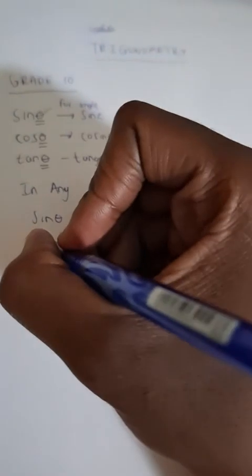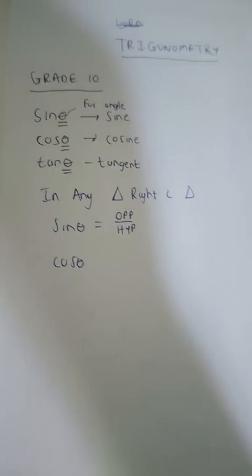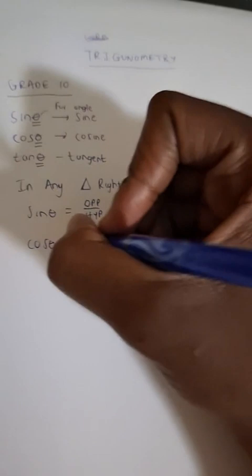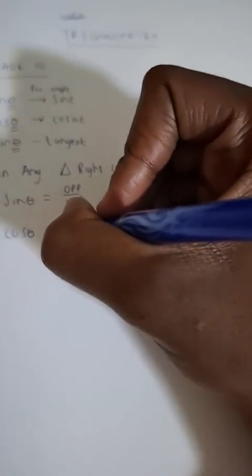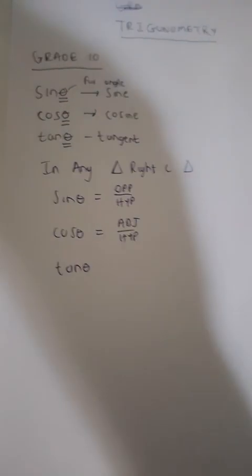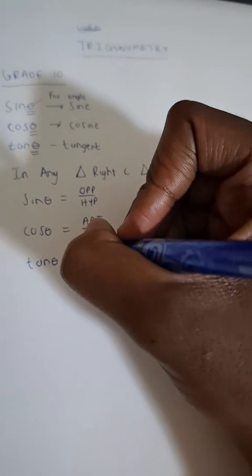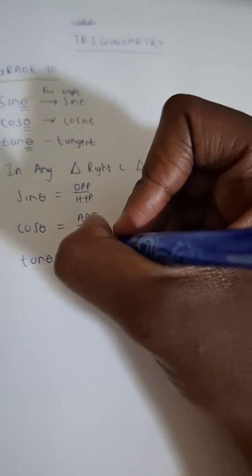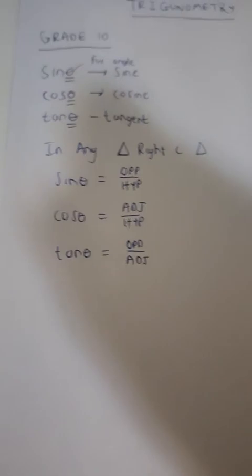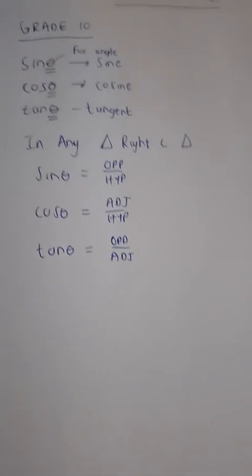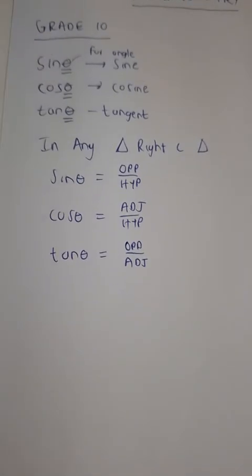Cos theta is adjacent over hypotenuse, as I'm sure you know very well. And tan theta is opposite over adjacent. So these are the 3 basic trig definitions.